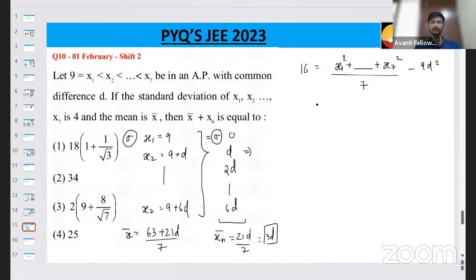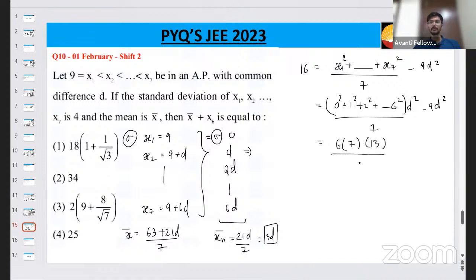So what is x1? Here 0 square plus 1 square plus 2 square plus up to 6 square into d square by 7 minus 9d square. So sum of squares is n into n plus 1 into 2n plus 1 upon 6. 7 and 7 will get cancelled, minus 9d square.